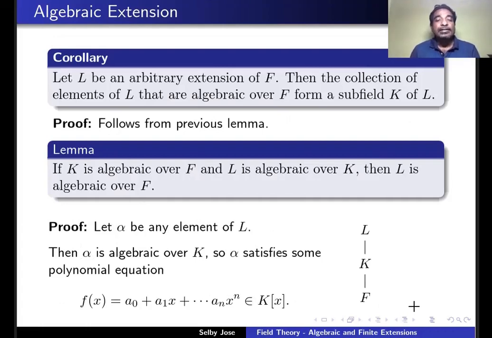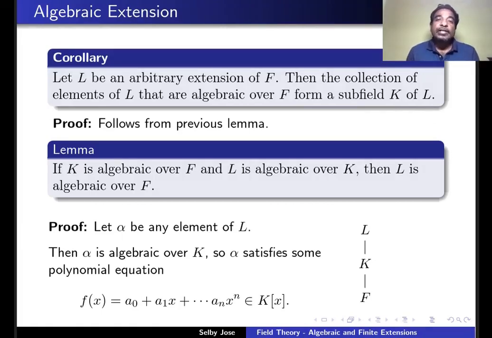This means that the collection of algebraic elements forms a subfield. So precisely, let L be an arbitrary extension of F. You take the collection of elements of L that are algebraic over F. That collection we call K. Then K is a subfield of L. This follows from the previous lemma.